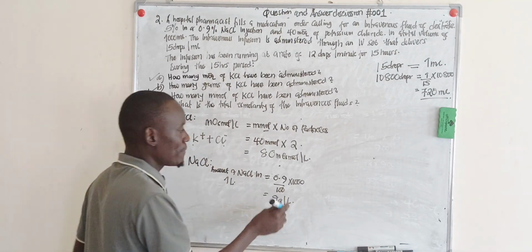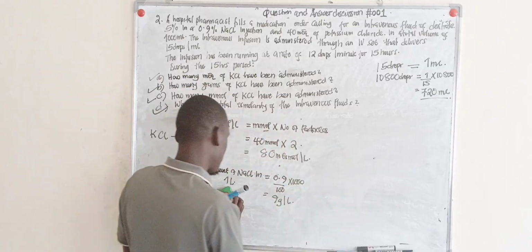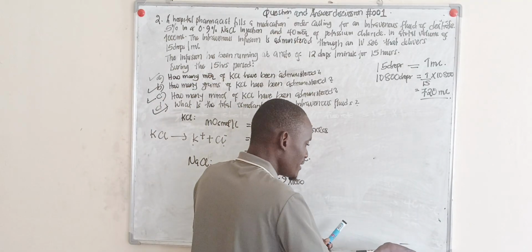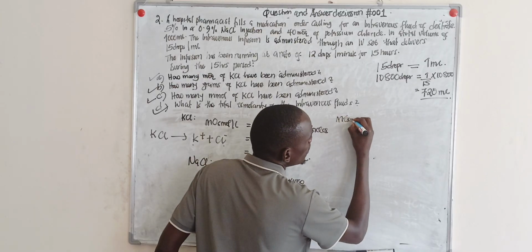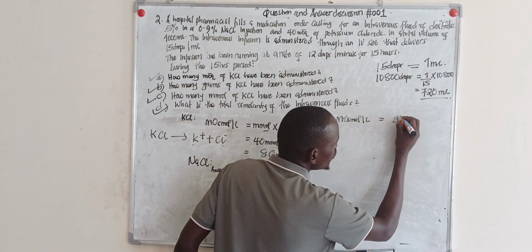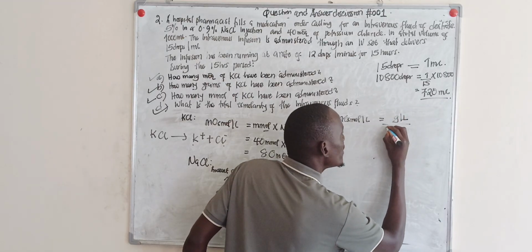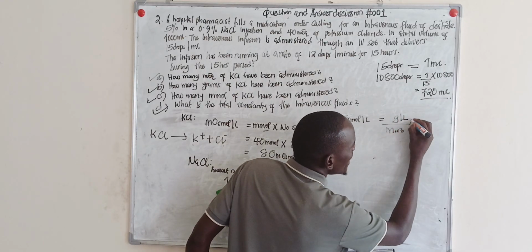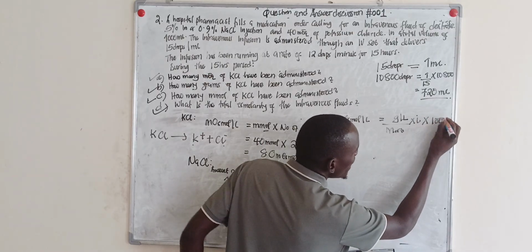But remember, from our formula for osmolarity, millimole per liter is given by concentration in grams per liter divided by molecular weight times i value, being multiplied by 1,000.